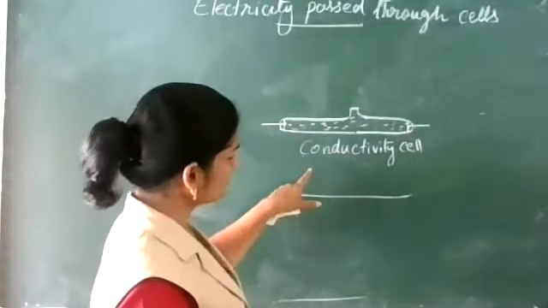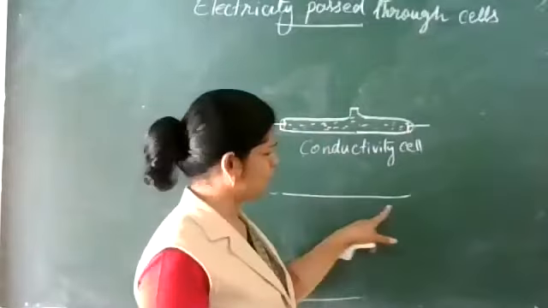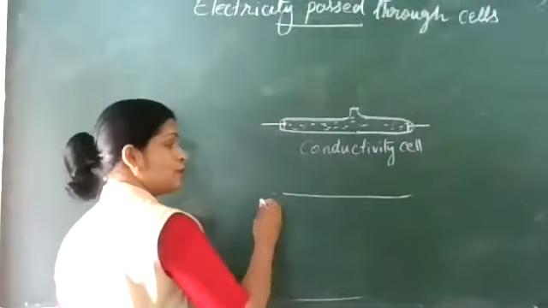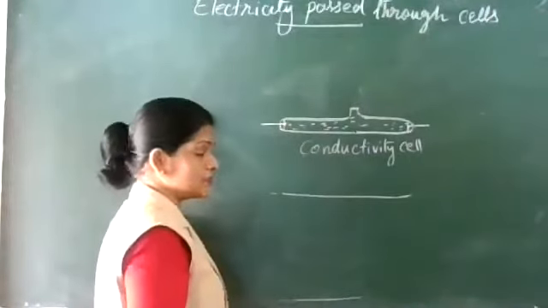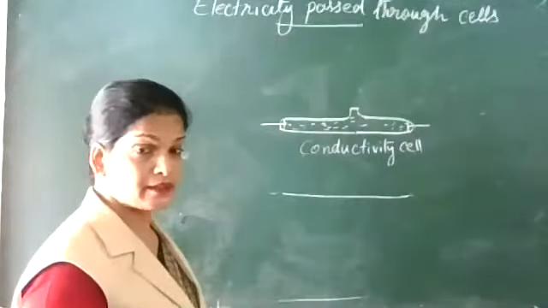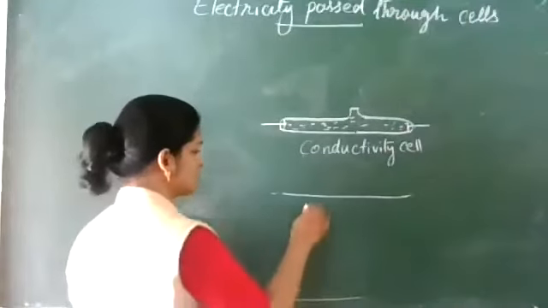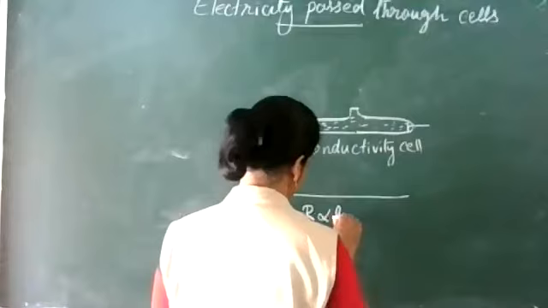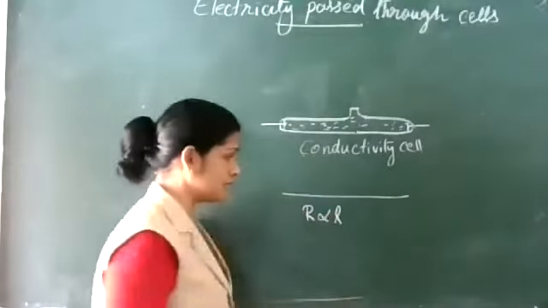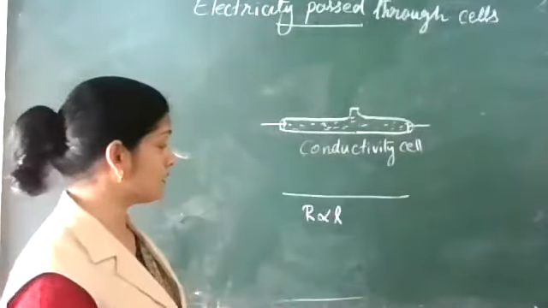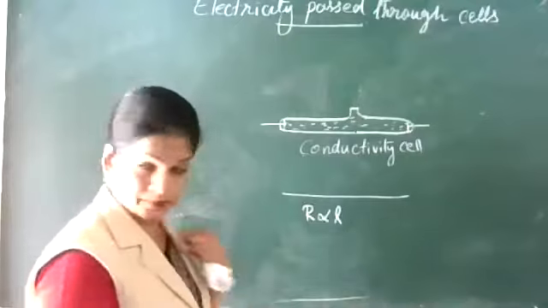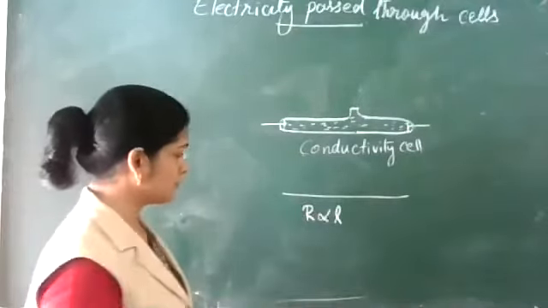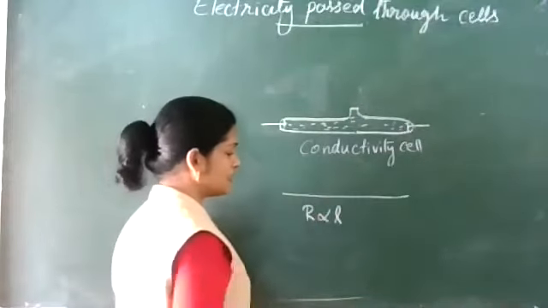If it is a wire, as in physics, and you pass electricity through it, the wire offers resistance. What is that resistance? Resistance is directly proportional to the length of the wire. When the length of the wire increases, the resistance of the wire increases.